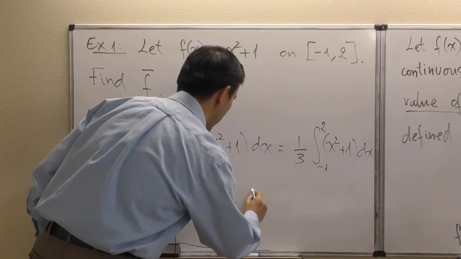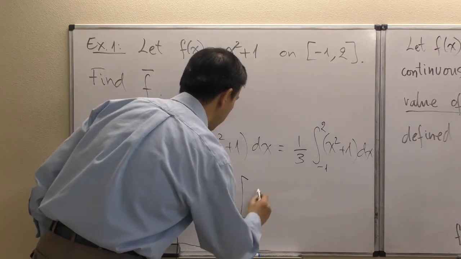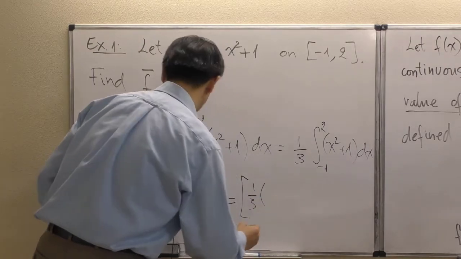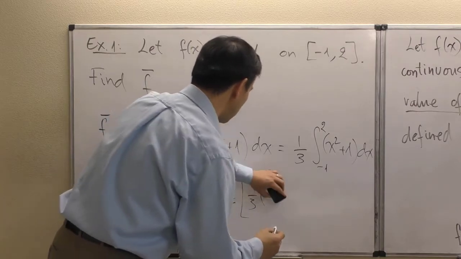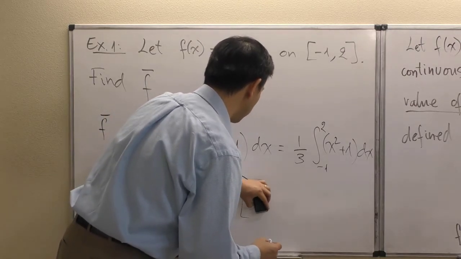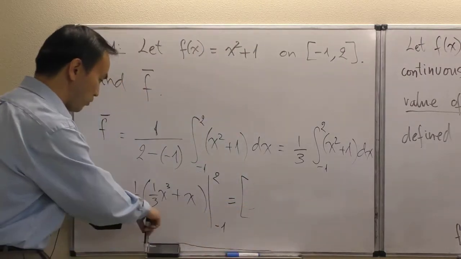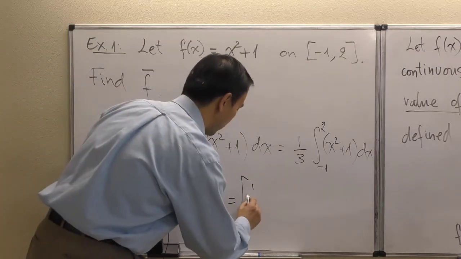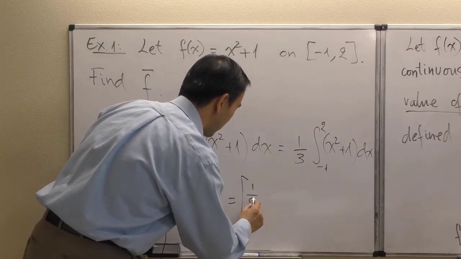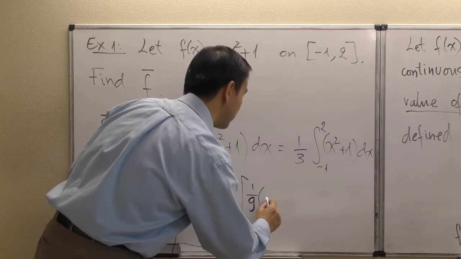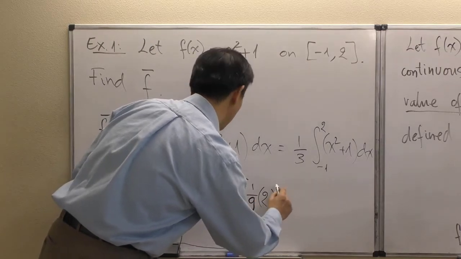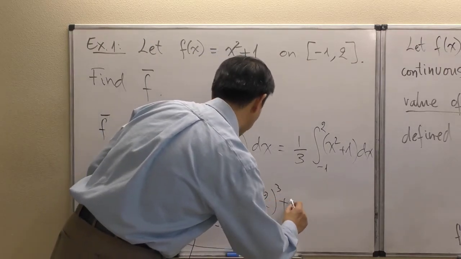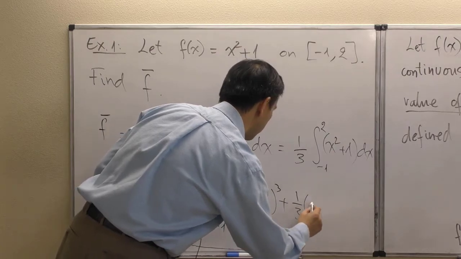In parentheses, 1/3 times, and actually let me distribute that 1/3 to each term here as well. So it's going to be 1/9 times 2 cubed plus 1/3 times 2.